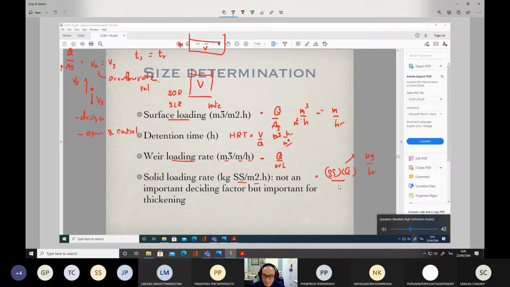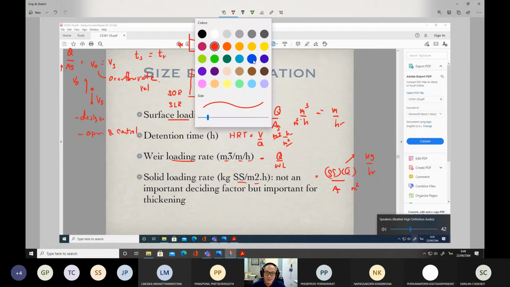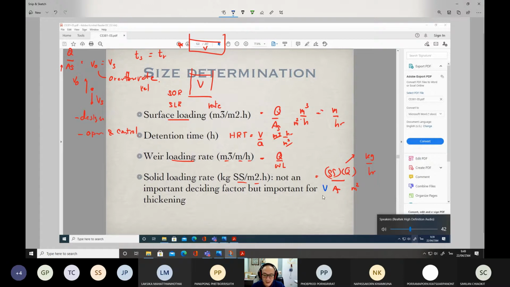And if you divide it by the surface area, the unit comes as per square meter, or you can divide it by the volume. If you divide it by the volume of the tanks, it will be kilograms suspended solids per cubic meter per hour or per day. So it depends on how they divide these parameters.